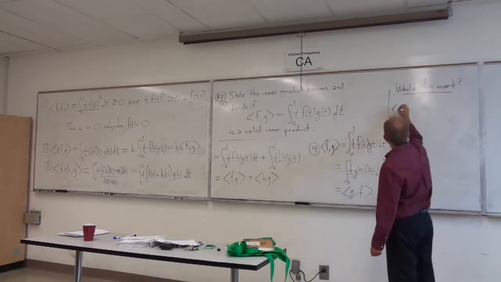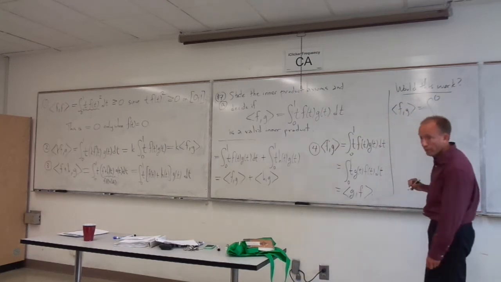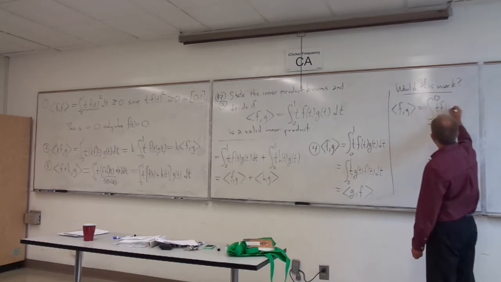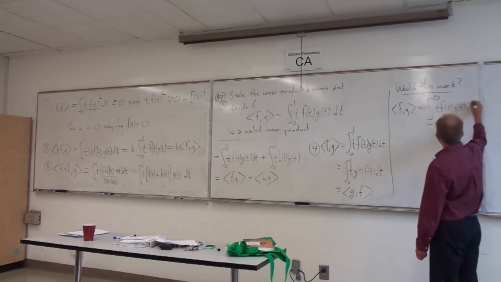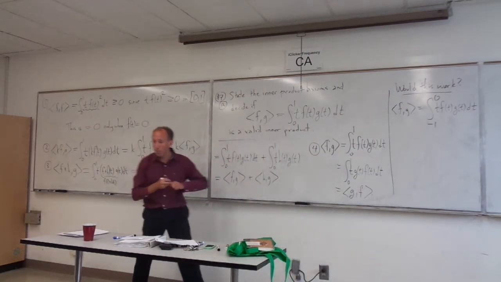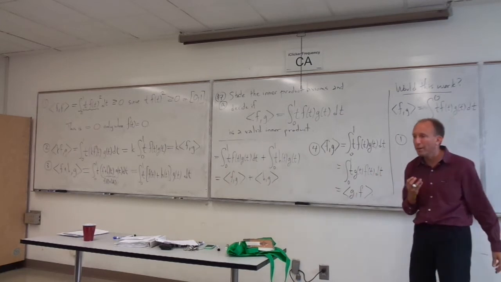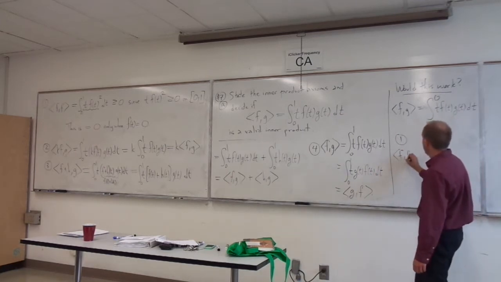What if I change it to the inner product of f with g is the integral from -1 to 0 of t, f of t, g of t, dt? Does that work? No. Definitely not. And you see what the problem is? Yeah, the first axiom, which is usually the one that doesn't work, is going to give you a negative number, isn't it?